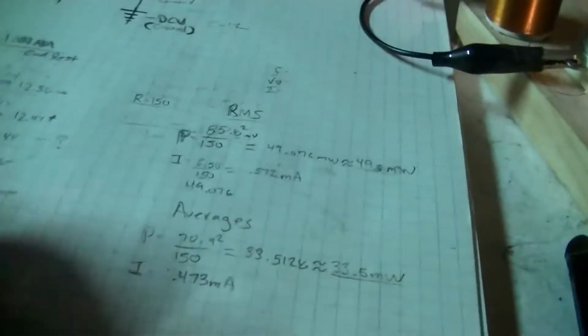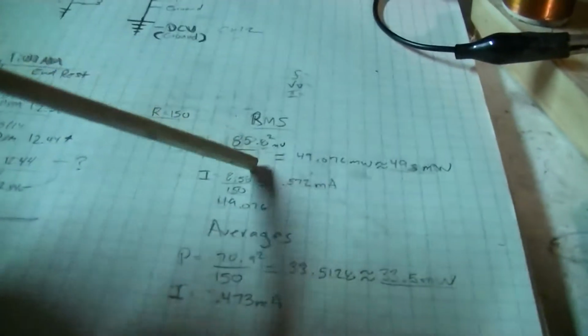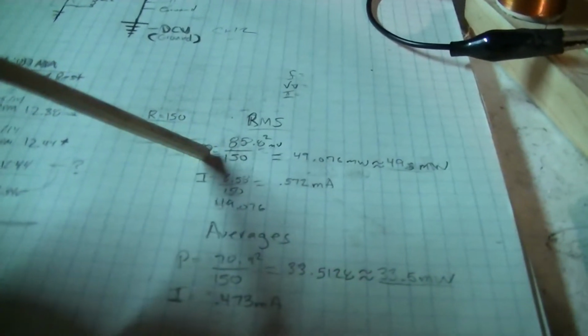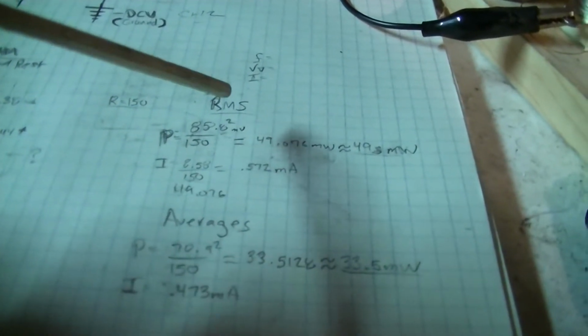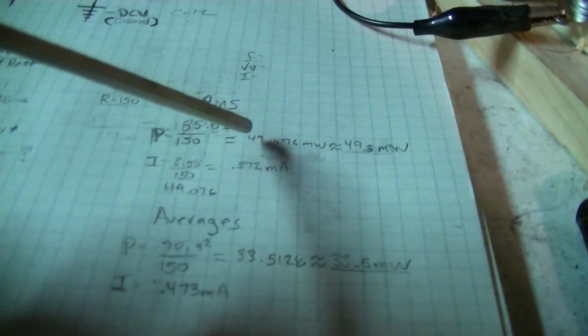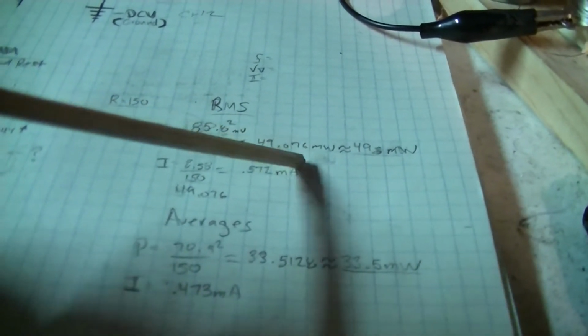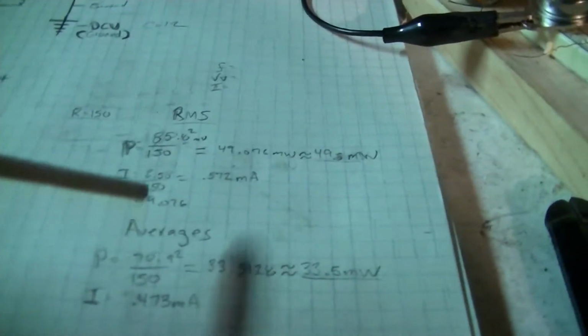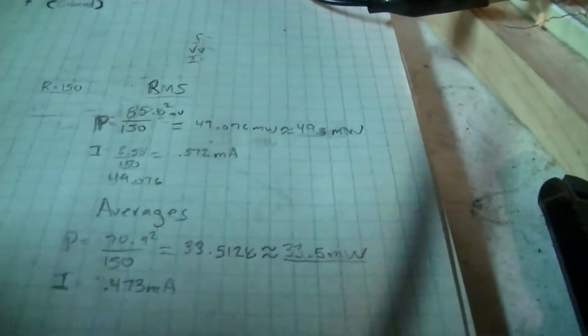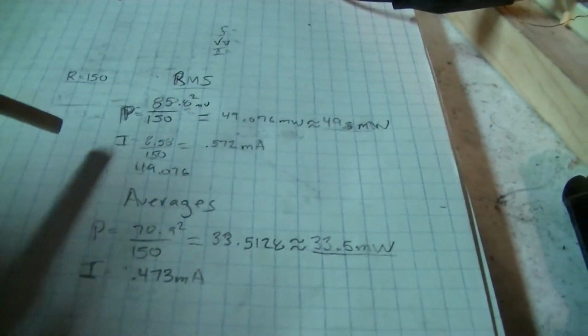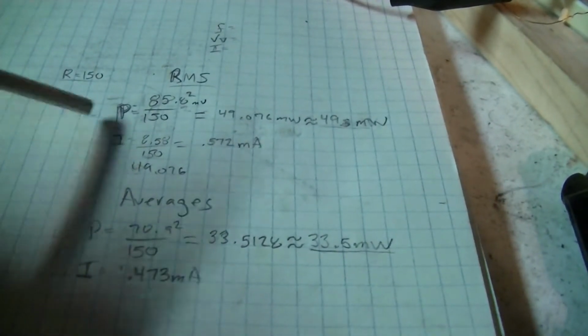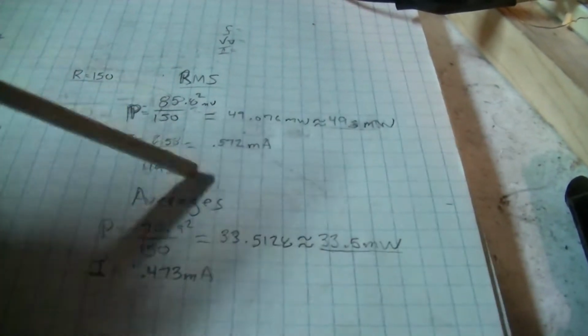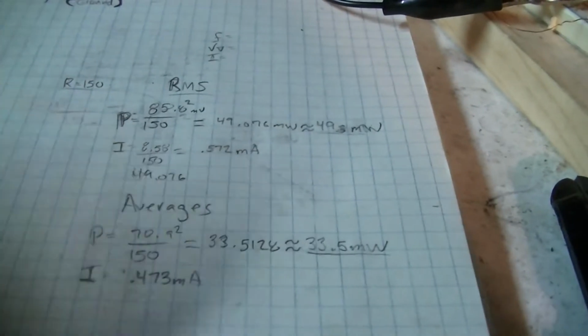So let's do some of the math here. We have 85.8 squared divided by 150, which is our ohms of resistance, and we get 49.076 milliwatts, or if we round up, we'll get 49.8 milliwatts, with 0.572 milliamps, just to cross-reference to make sure that that's correct.